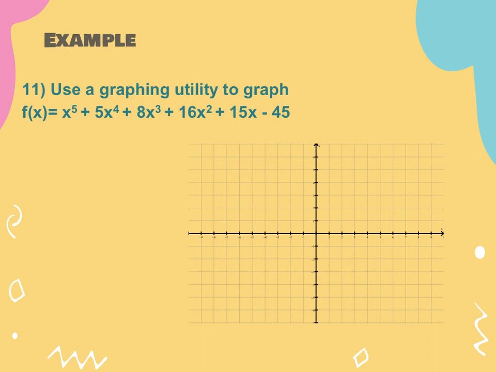So x to the 5th plus 5x to the 4th plus 16x to the 2nd plus 15x minus 45. You skipped 8x to the 3rd. Yes, I did. Thank you. Well, I don't even need to put it in that order as long as it's the same sign. But I'll go back and do it there. Oops. 8x to the 3rd.